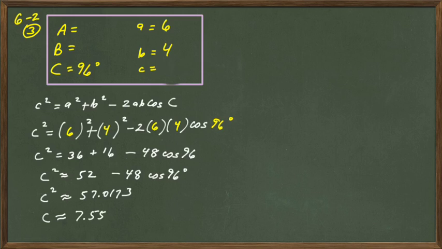So to the nearest tenth, I'm going to call that 7.6. Now that looks better because I can tell that the largest side is now opposite the largest angle, right? What I did was I typed on my calculator, instead of cosine, I typed sine. So yes, that would have been wrong what I had.